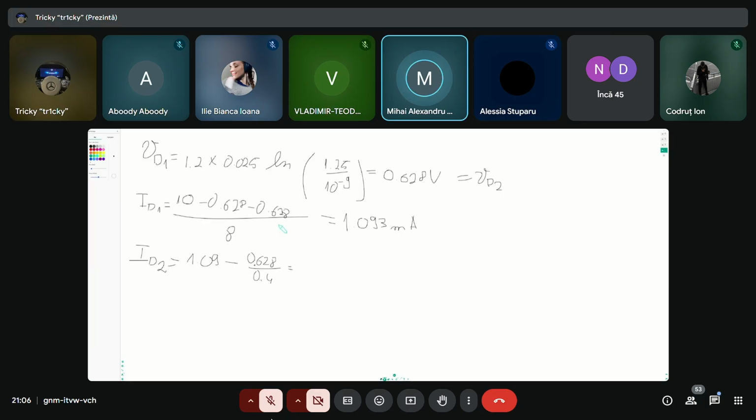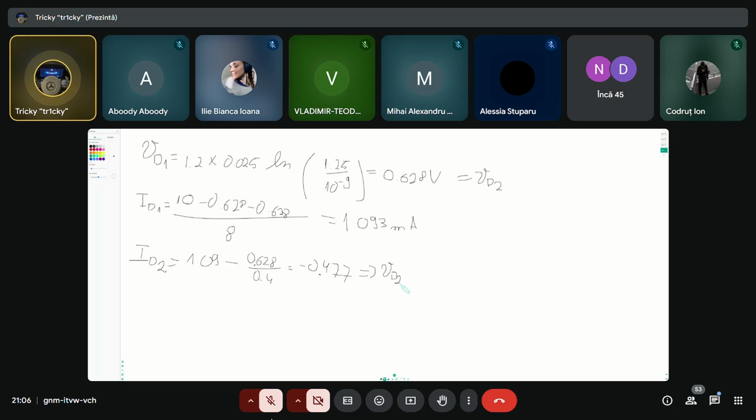Minus 0.477. So this is negative. This is a negative value, which means that for this iteration, VD2 will give us a negative value, which means that VD2 is off. The diode is off.